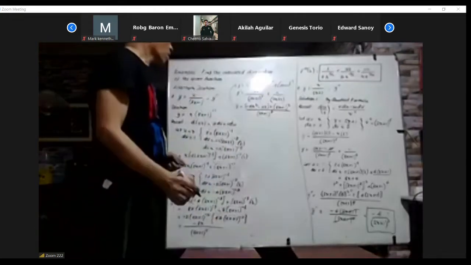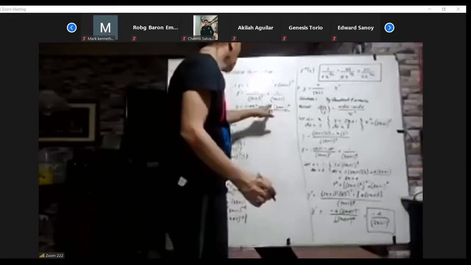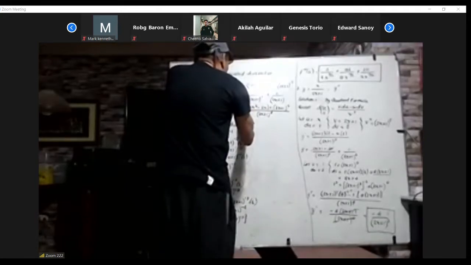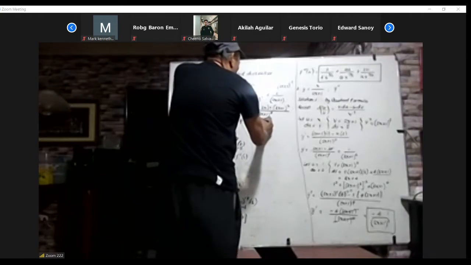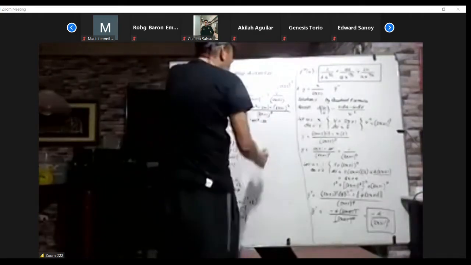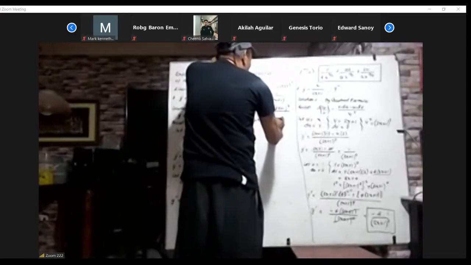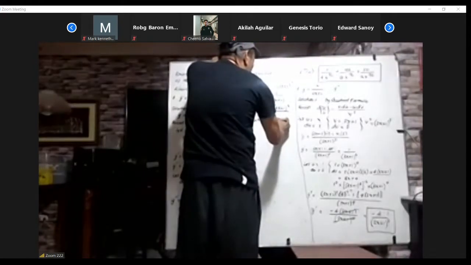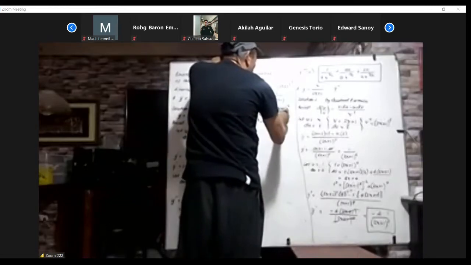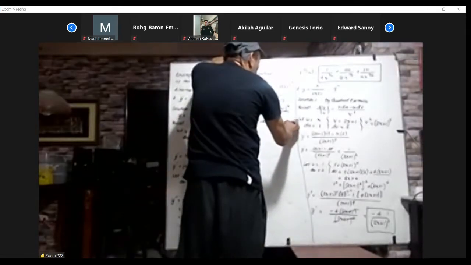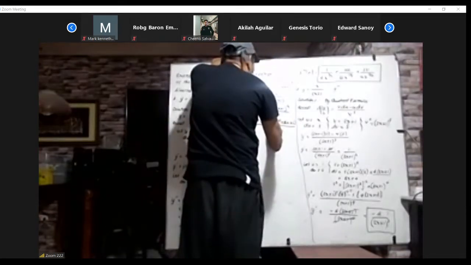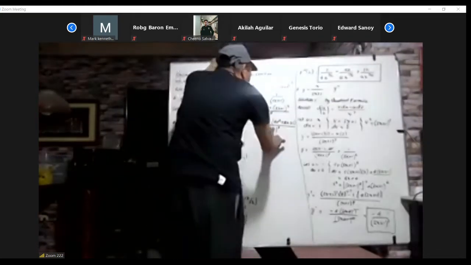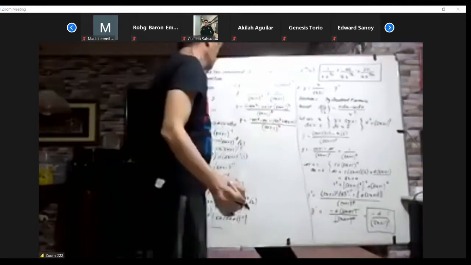Okay. So kapag sinimplify natin ito, magiging y derivative is equal to negative 4x squared minus 2x, then plus 4x squared plus 4x plus 1, all over 2x plus 1 cubed.